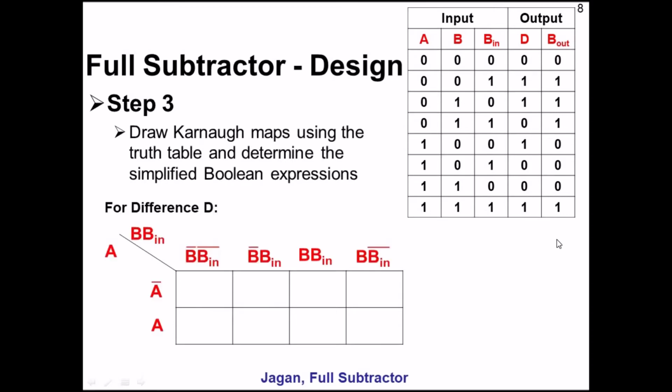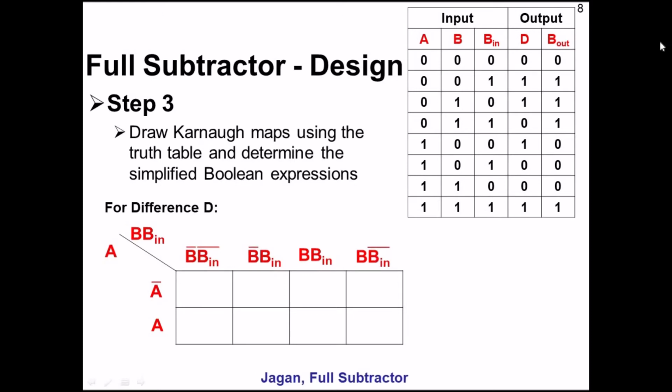So for difference, I'll be having the 3 inputs A, B, Bin: 0, 0, 0; 0, 0, 1; 0, 1, 1; 0, 1, 0; 1, 0, 0; 1, 0, 1; 1, 1, 1.